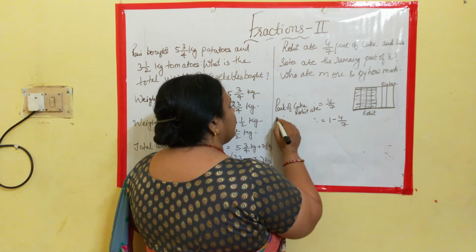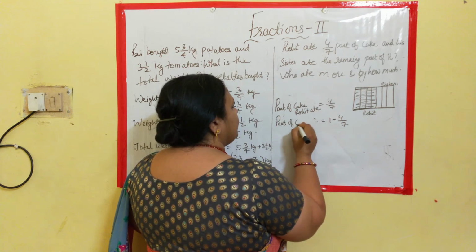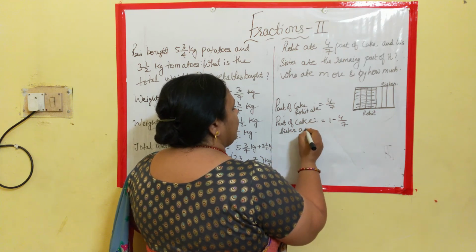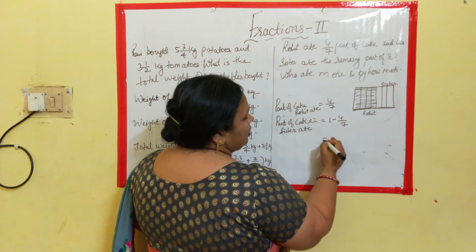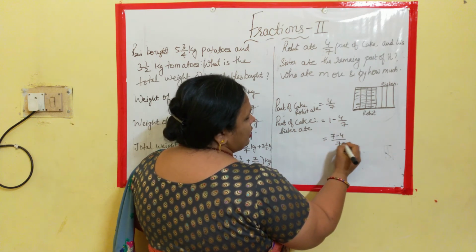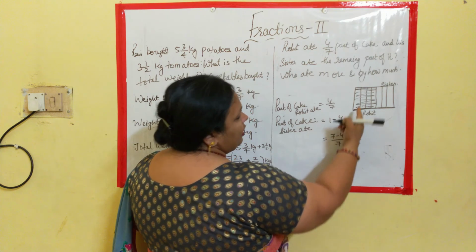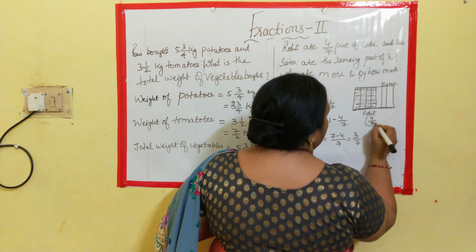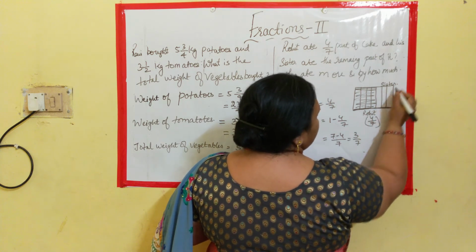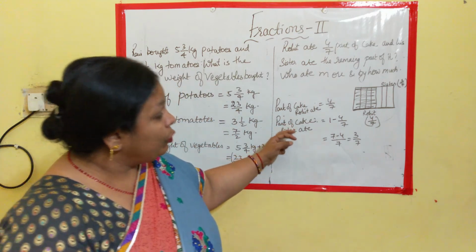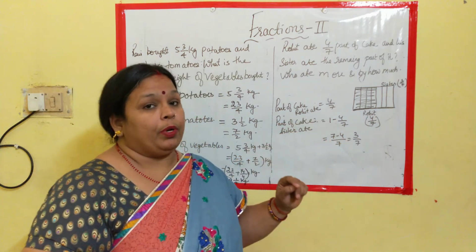Similarly, the part of cake the sister ate. Now here it is 7/7 minus 4/7, that is 3/7. Exactly, we can see here also Rohit ate 4/7 and the sister ate 1, 2 and 3, that is 3/7. Now we came to know that the sister ate 3/7 part.